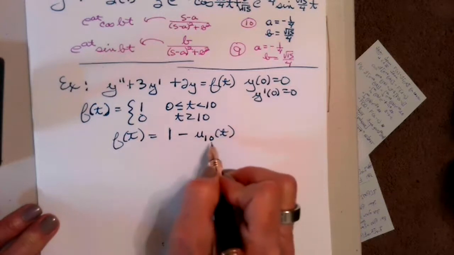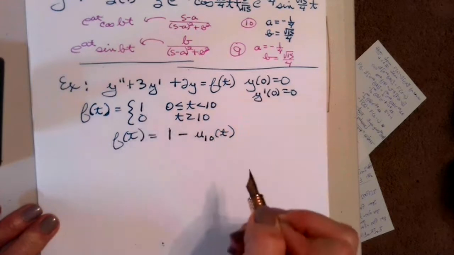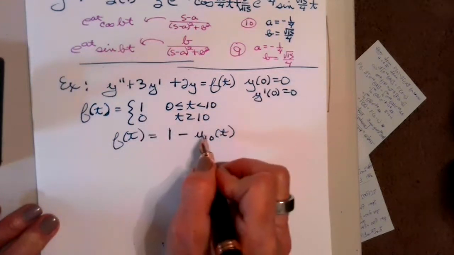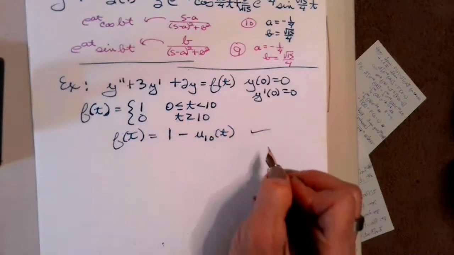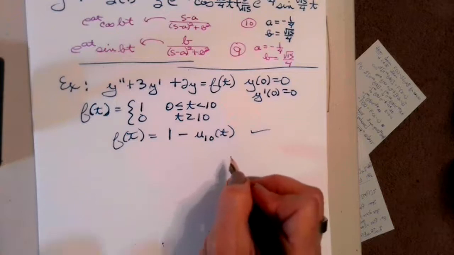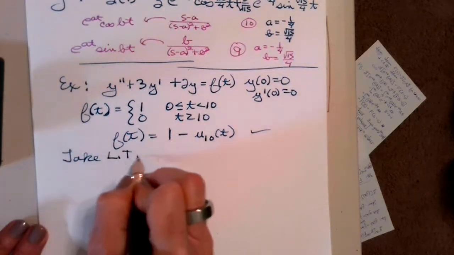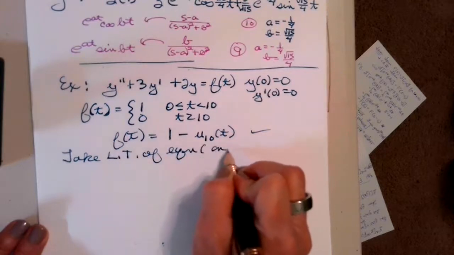Now let's check. If t is less than 10, that's 1 minus 0, so that's 1. And if t is greater than or equal to 10, then this thing is 1, so that's 1 minus 1, so that's 0. So that's correct. Okay. So now we take the Laplace transform of the equation, and you do that on both sides.